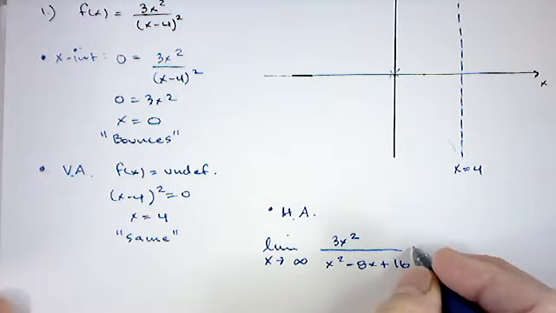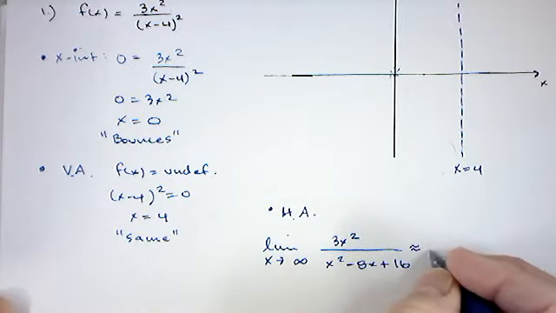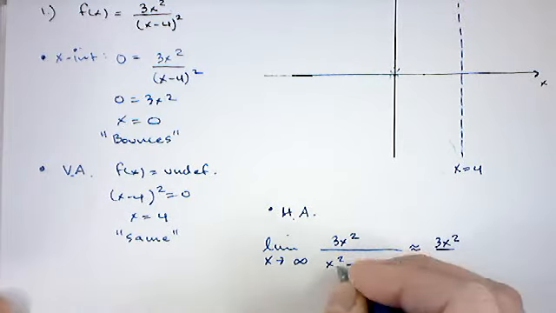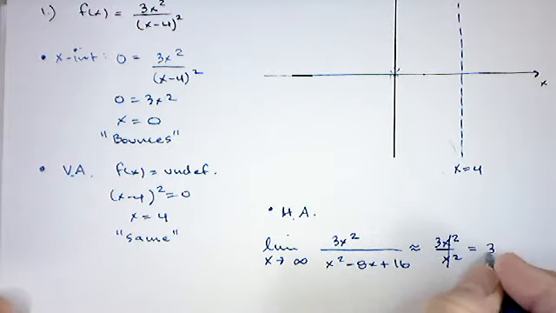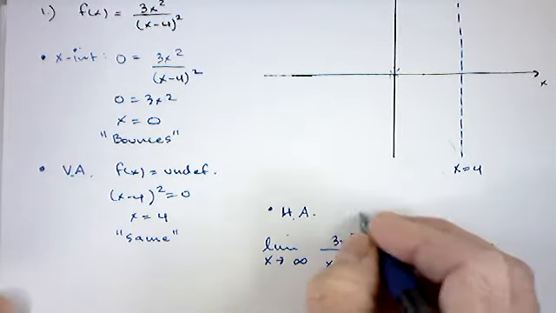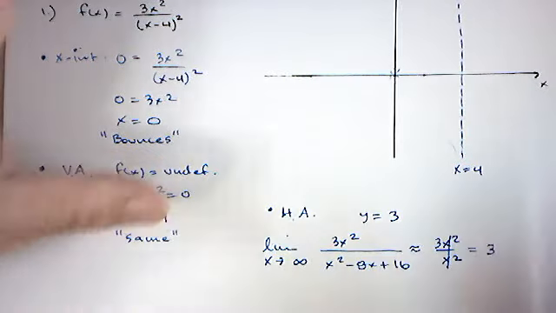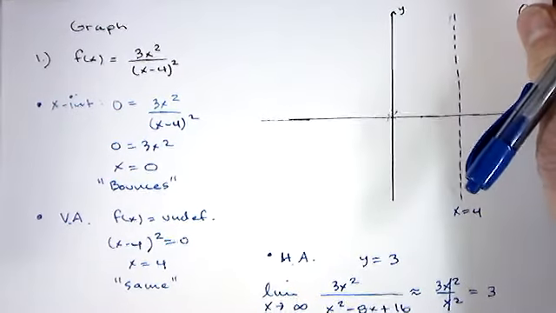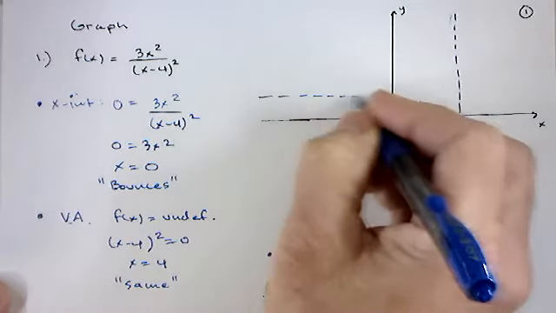But what we've discussed in the previous video is we could just focus on the highest powered terms in the top and the bottom. These are the same powers, so if I have 3x squared over x squared, the x squareds cancel, I just get 3. So my horizontal asymptote is y equals 3. Slide this back up here. So that would be a dashed line like this.